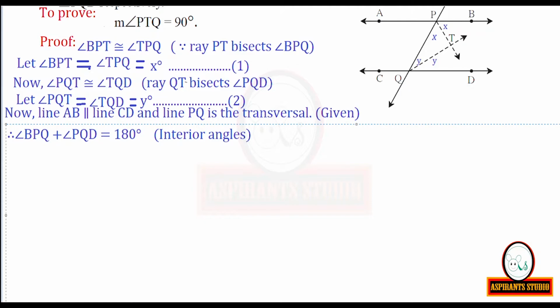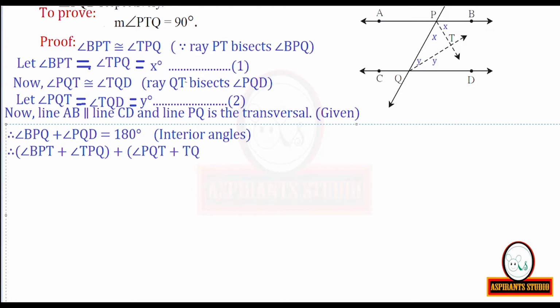Now coming to the next step. Measure of angle BPQ can be split up as measure of angle BPT plus measure of angle TPQ. Look at the figure. Look at angle BPQ first. Then look at angles BPT and angle TPQ.